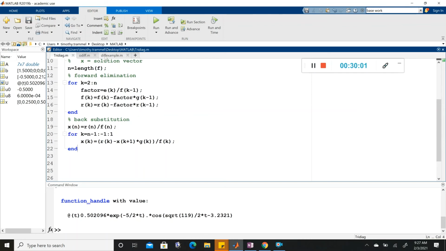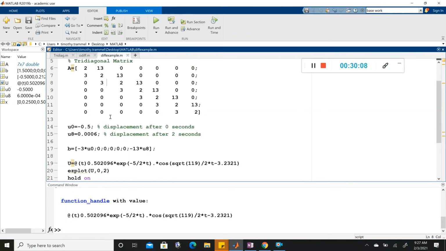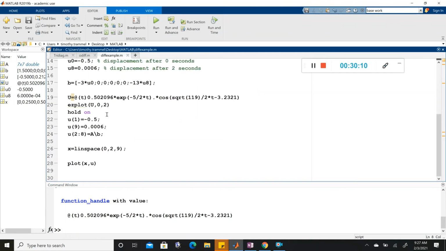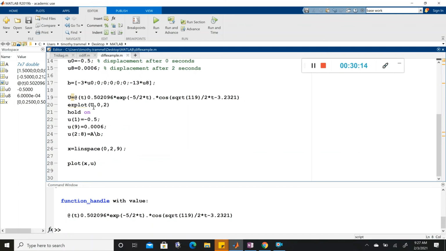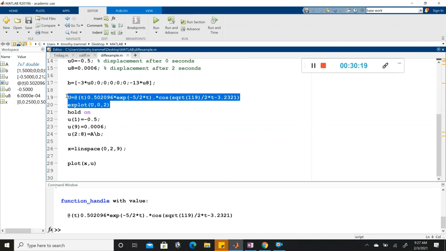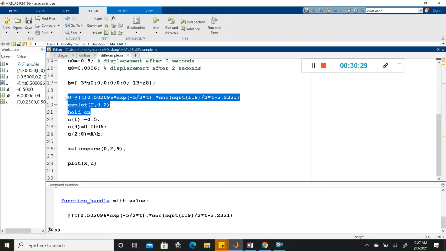And we're going to test this out on our system we were looking at. So we have a lot going on in here. I'm going to get rid of some of this stuff. We'll comment out all the graphing stuff here.